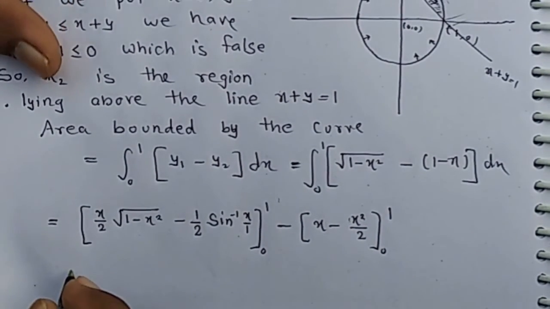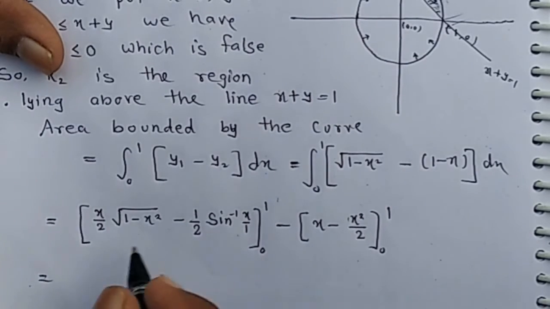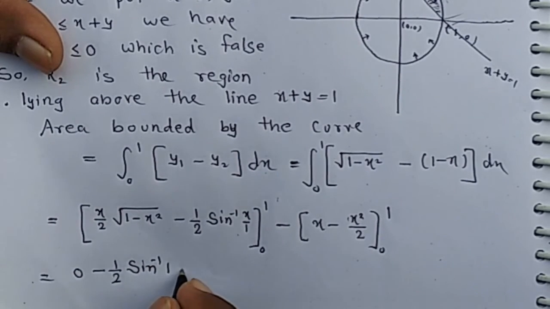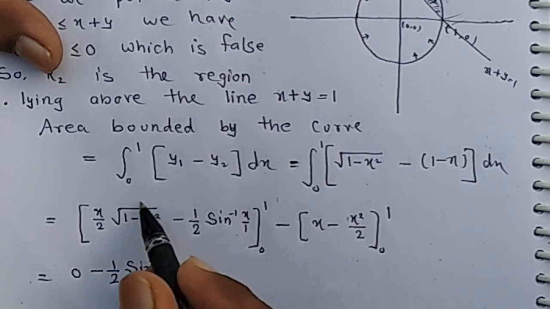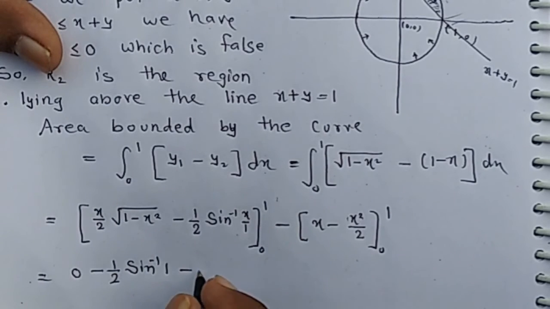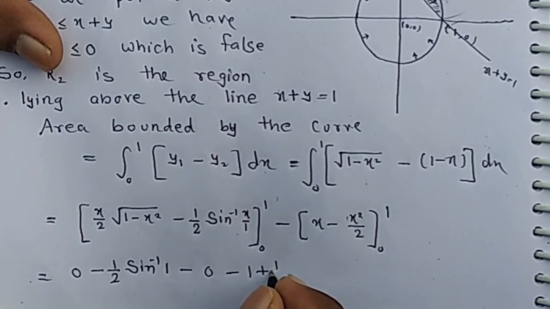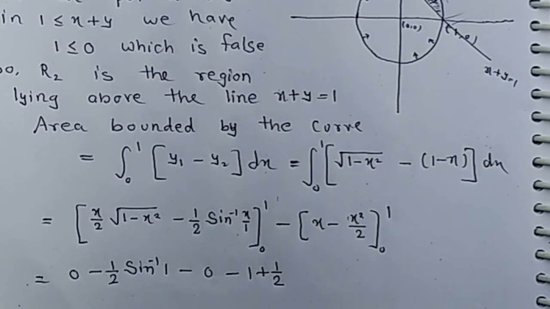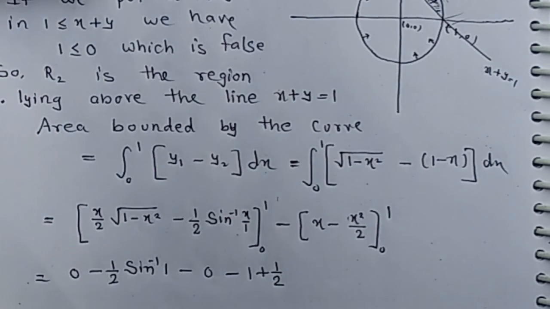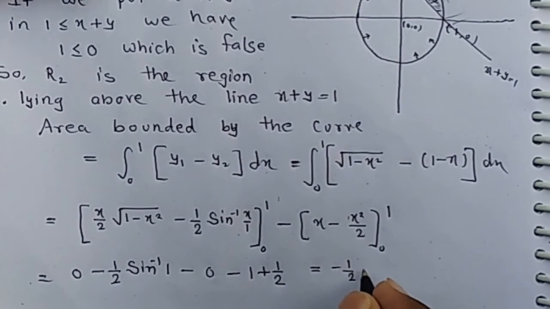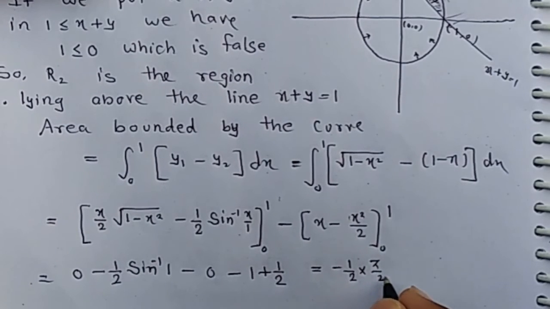Put the upper limit x equal to 1: we have 0 plus half sin⁻¹ 1, minus the lower limit 0 plus sin⁻¹ 0, which is 0, minus 1 plus 1/2.